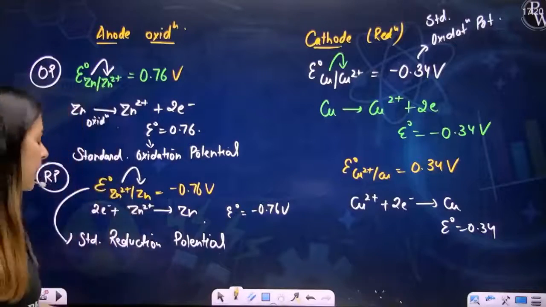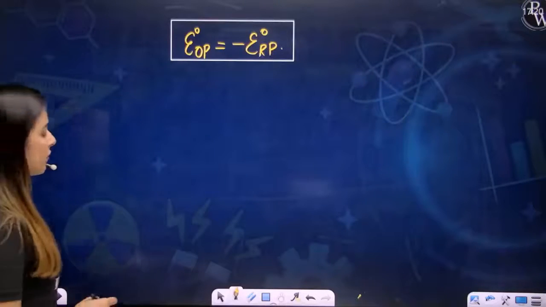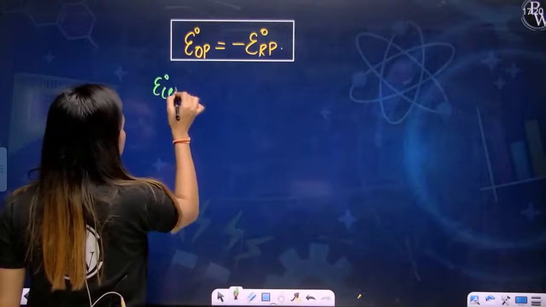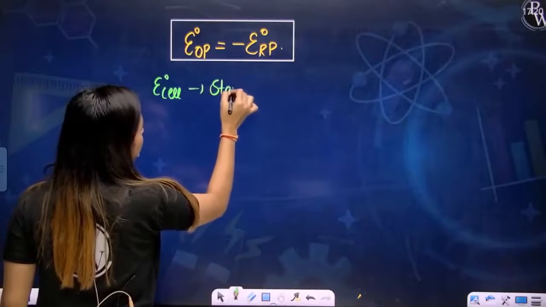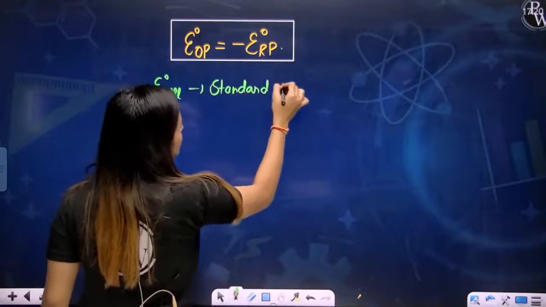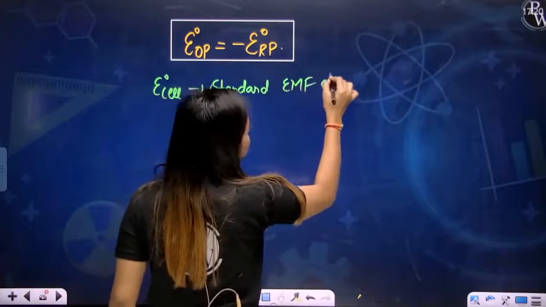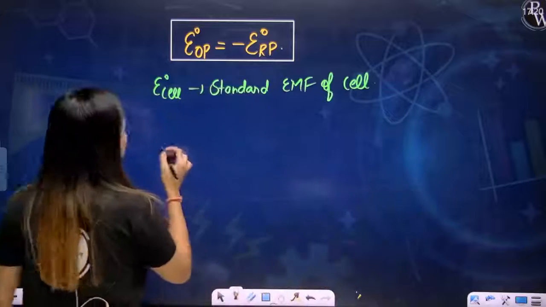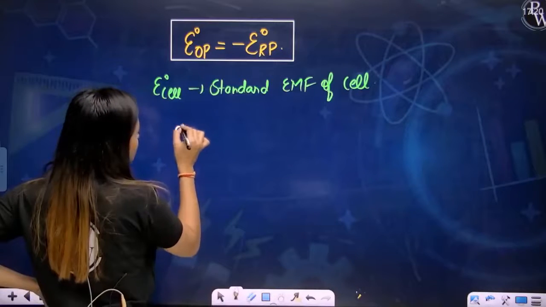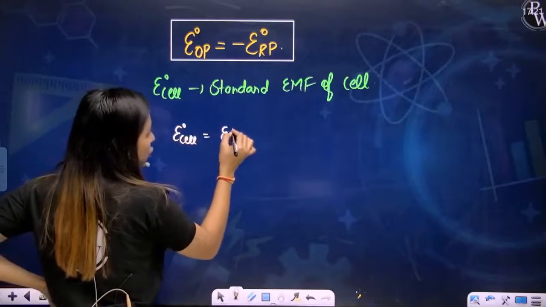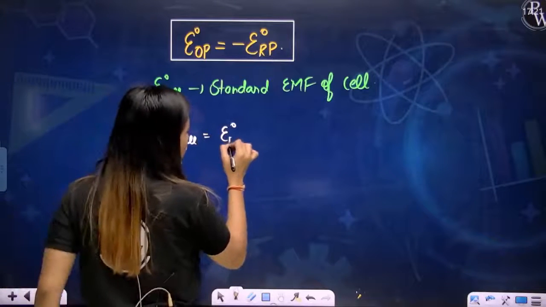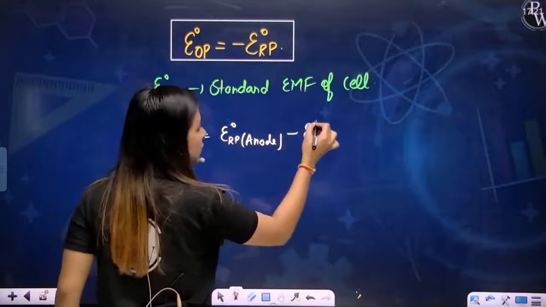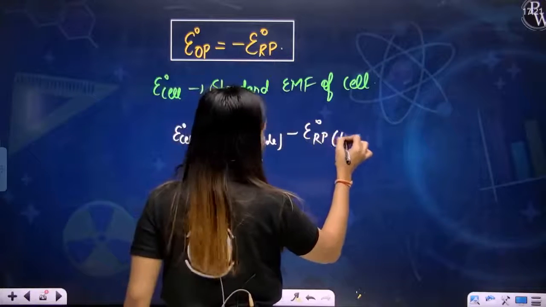Okay. And my dear students, with this you know that E naught of cell is the standard EMF of cell. And this standard EMF of cell has a formula, and this is equal to E naught reduction potential of anode minus E naught reduction potential of cathode.